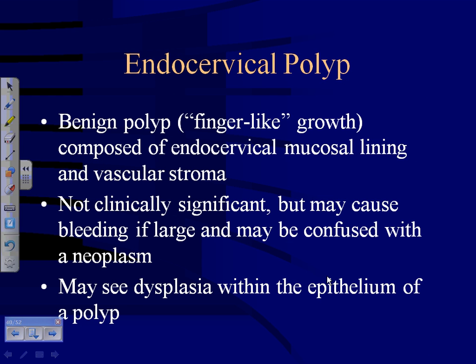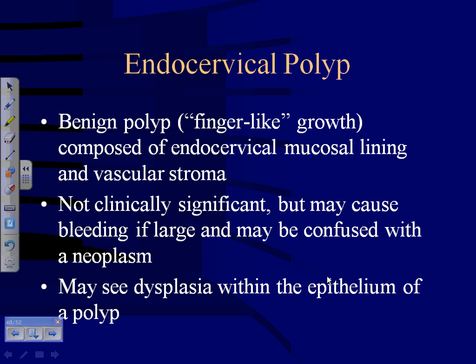All right, what about endocervical polyps? These are benign polypoid lesions that occur for a number of reasons, and they cause a papillary or finger-like growth on the cervix that will stand out as an exophytic growth. They're typically lined by endocervical mucosa, overlying a very vascular stroma.